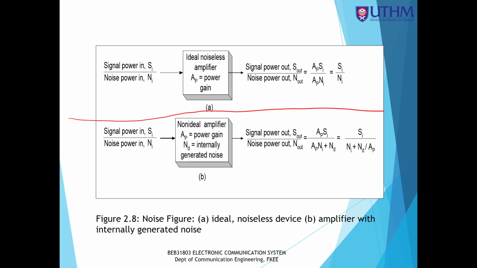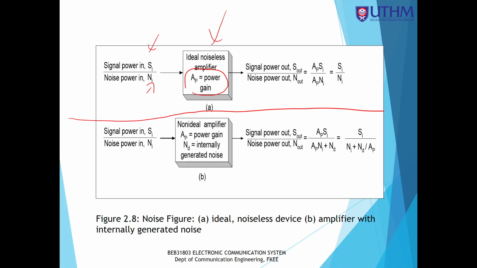You see that the signal to noise ratio is SI divide over NI. Dalam sistem ada amplifier dengan power gain AP.